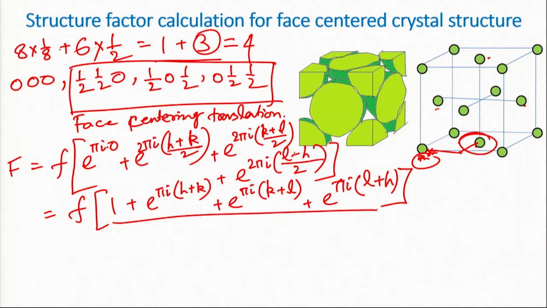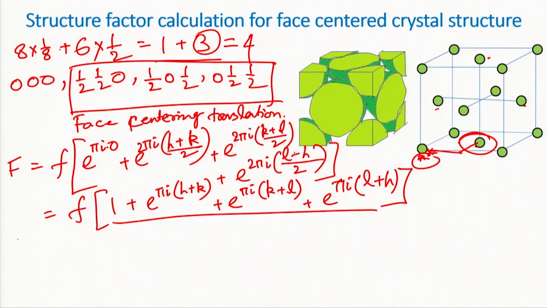So this can either have a non-zero value or a complete 0 value depending on various combinations of H, K and L. We will now be considering different combinations of H, K and L.